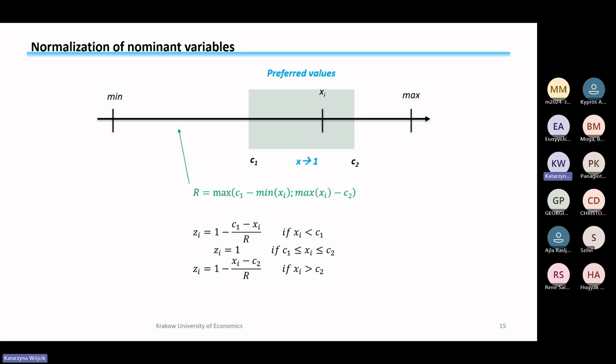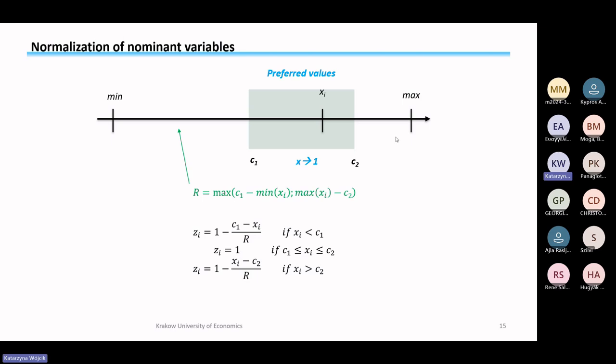For nominant variables, we've got a, let's say, more complex formula, because in this case we want the variable to have a certain value.